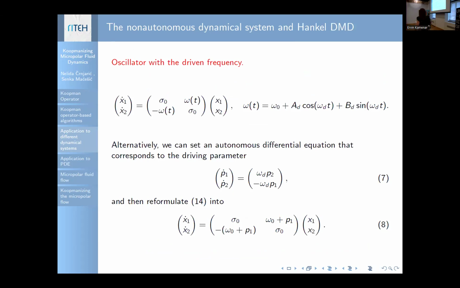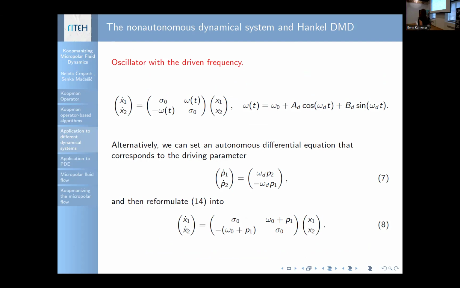The second problem that we consider is a non-autonomous system. Here you can see that the matrix that drives this ODE is changing in time. So we have a changing frequency.